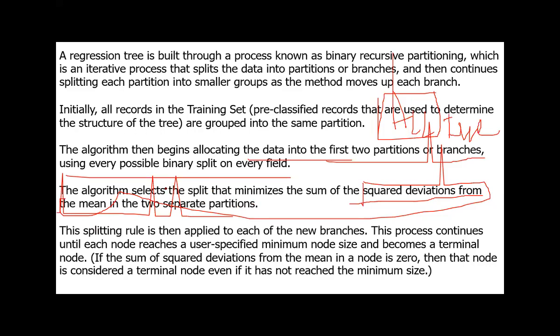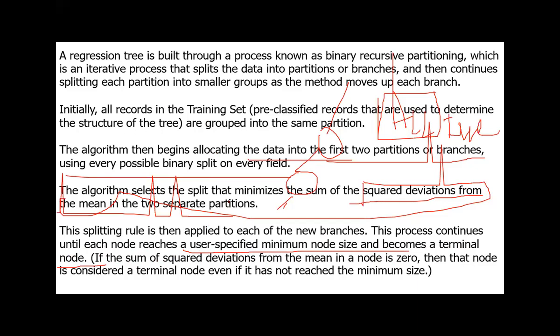This splitting rule is then applied to each of the new branches. For every new branch, this process continues until each node reaches a user-specified minimum node size and becomes a terminal node. This is called a regression tree, my dear friends.